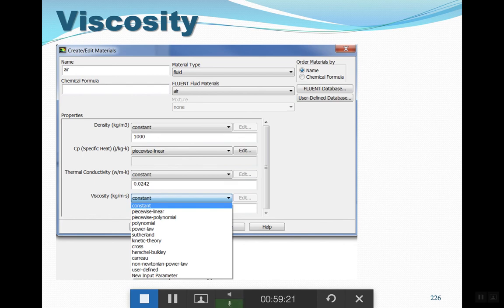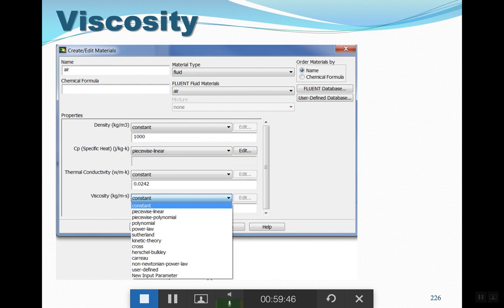constant, we are talking about a Newtonian fluid. As soon as you change it to non-constant, it doesn't matter what kind of non-constant function you use, it becomes a non-Newtonian fluid. And generally speaking, solving non-Newtonian fluids is an order of magnitude more difficult than Newtonian fluids.